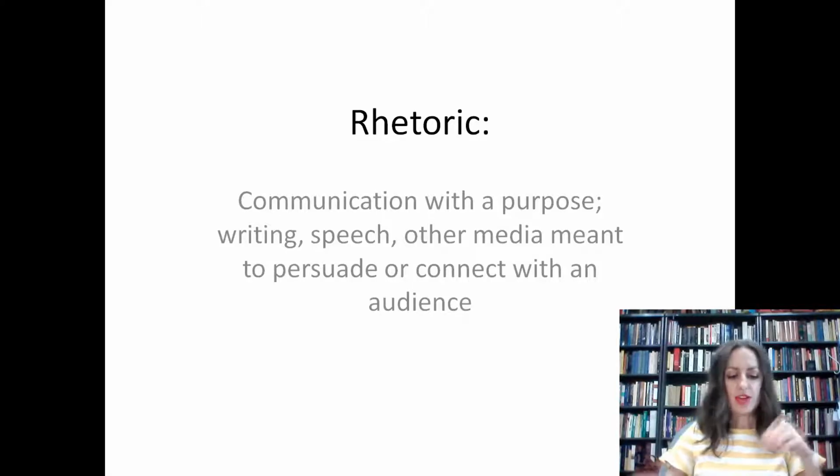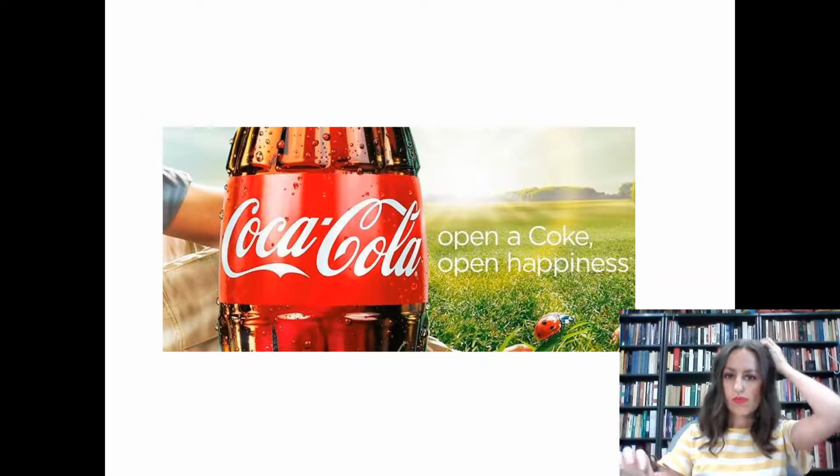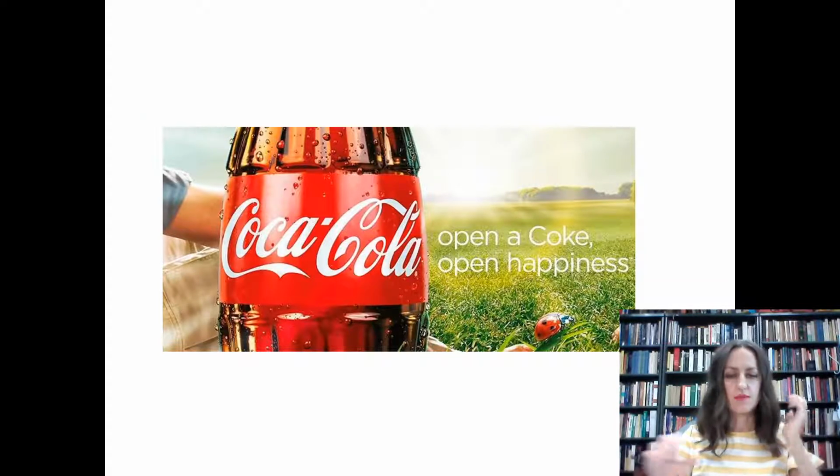So I've already talked about ads as being rhetorical, right? Here's an ad. It's trying to communicate something, it's trying to get a message across, it's trying to persuade, okay? Persuade you to drink Coke, right? Now we could analyze this deeper, but we don't have the terminology for that yet, so we'll maybe come back to that.